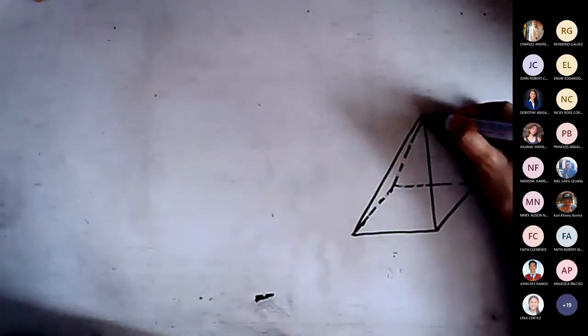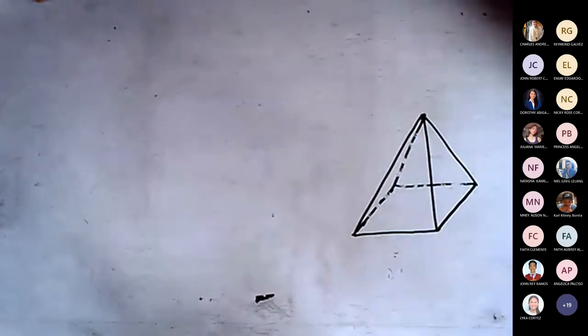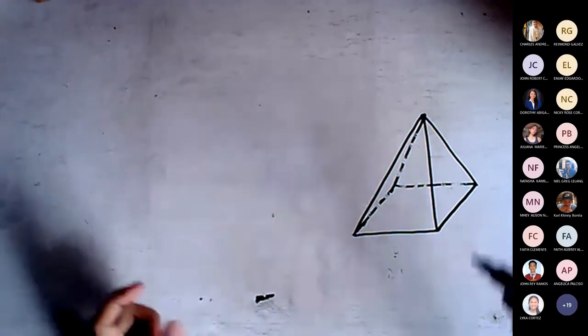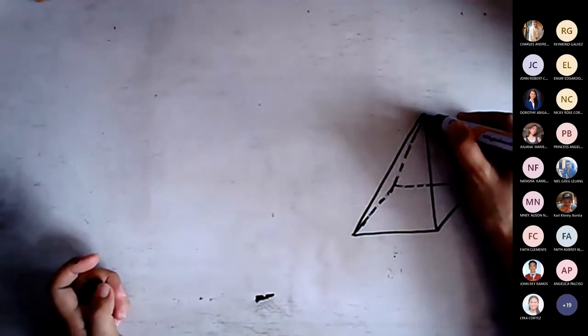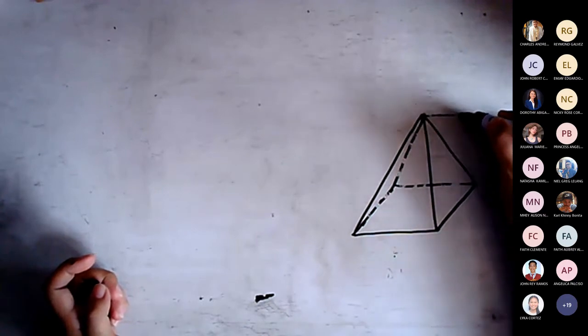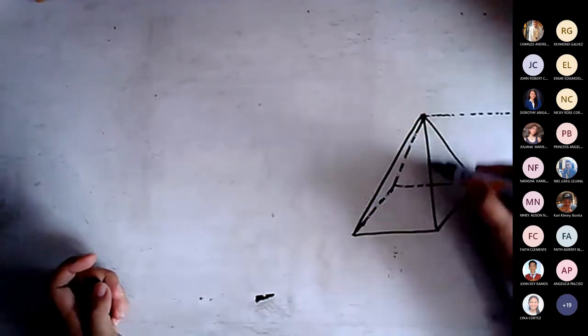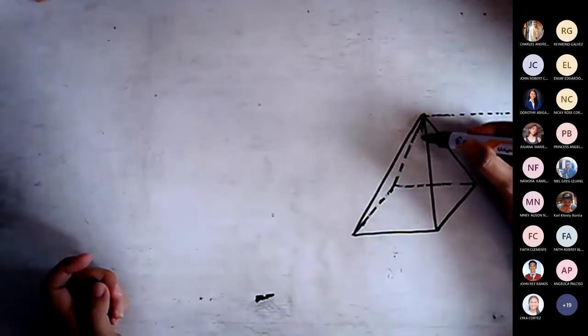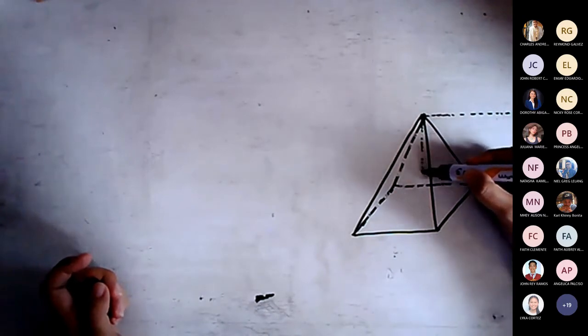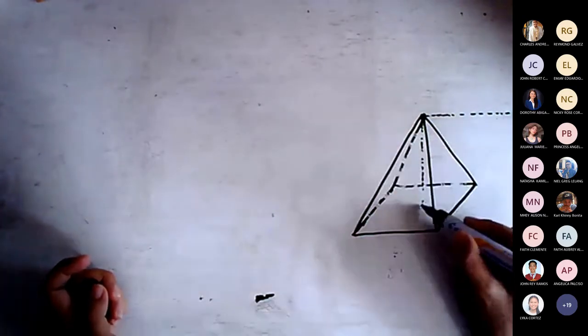And according to the problem, the regular pyramid has a height of 16 centimeter. So the height of the pyramid, if we are going to draw the height of the pyramid, that is from the vertex down to the base.